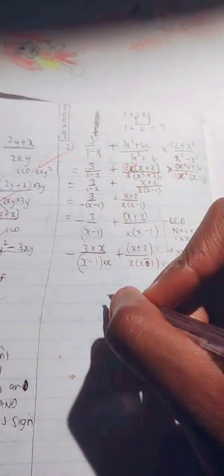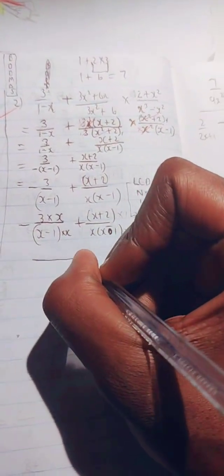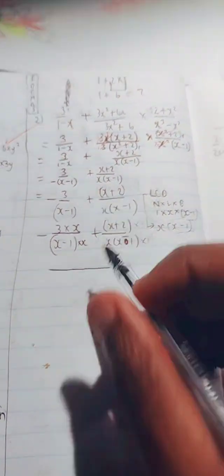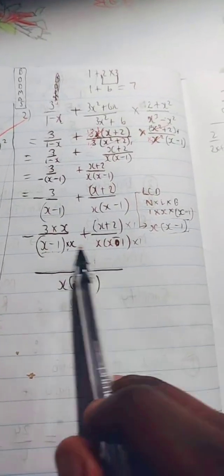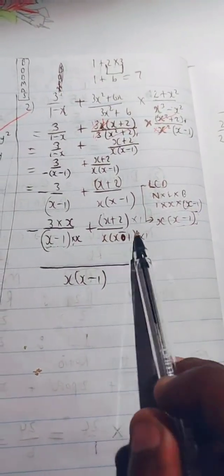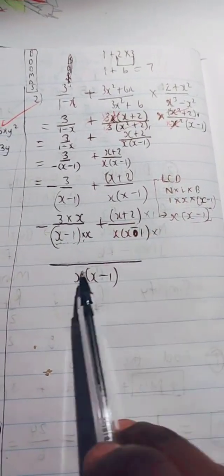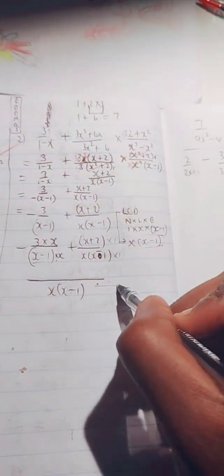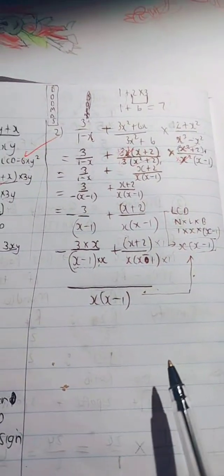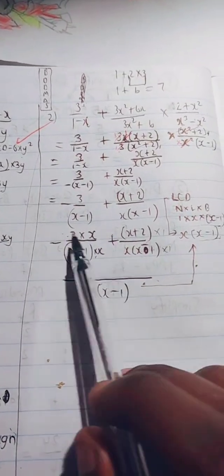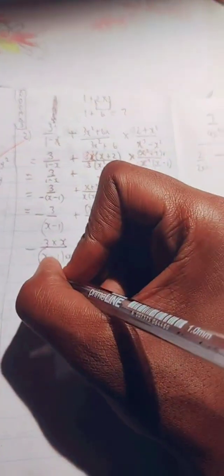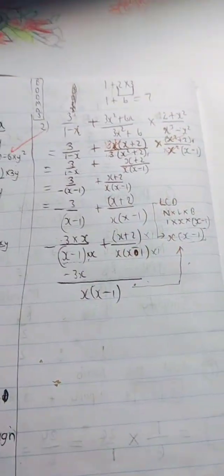So now we have an LCD denominator present for both fractions. x into x minus 1 is here, and x into x minus 1 is also here. So that is our lowest common denominator for both fractions. All we are left to do now is to multiply the numerator. What's negative 3 times x? So for the first term, we have negative 3x.